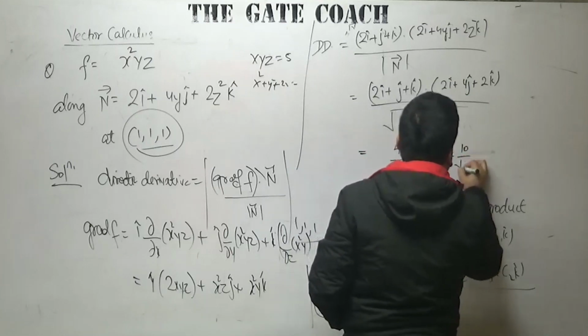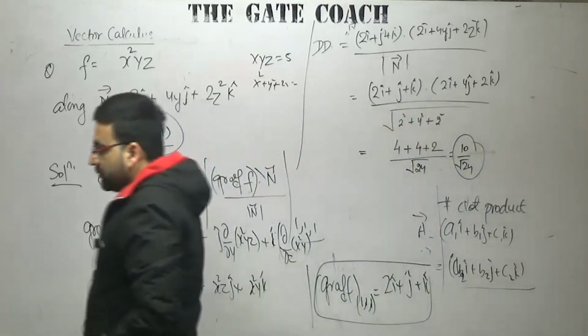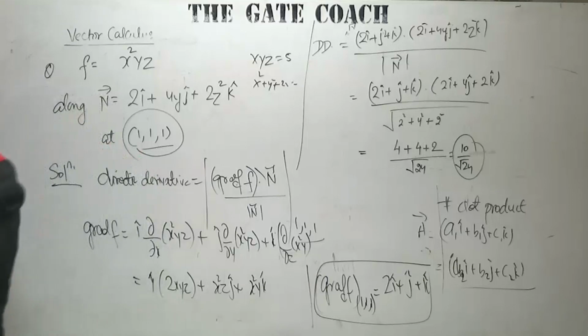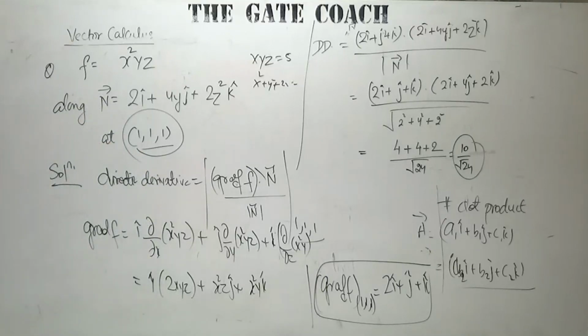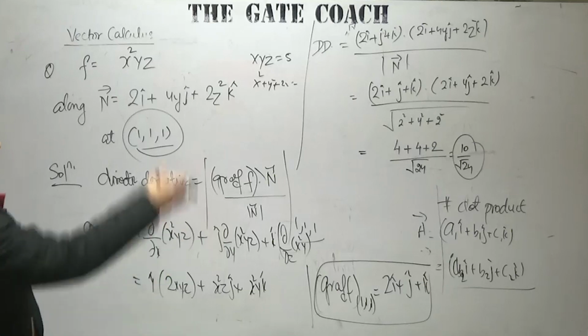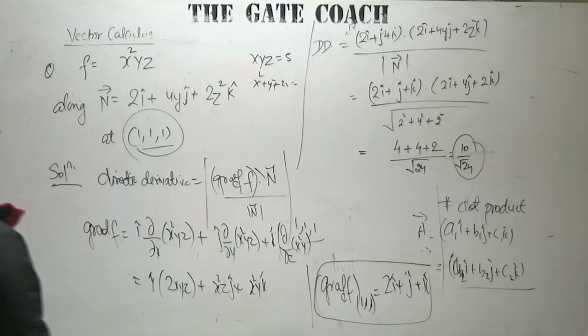It will be 10 upon root 24. Just solve it, you will get it, right? So that is how we calculate a directional derivative.